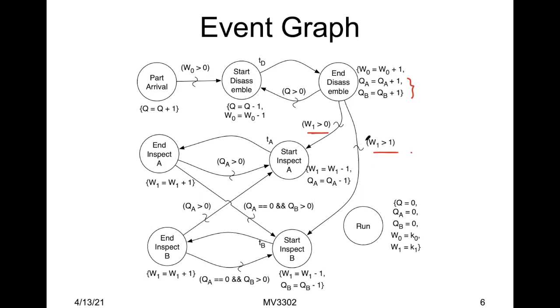If there are two or more available, then we can start inspecting A, and we have another worker available who can start inspecting B. So both of these could be scheduled at exactly the same time if we have enough workers.